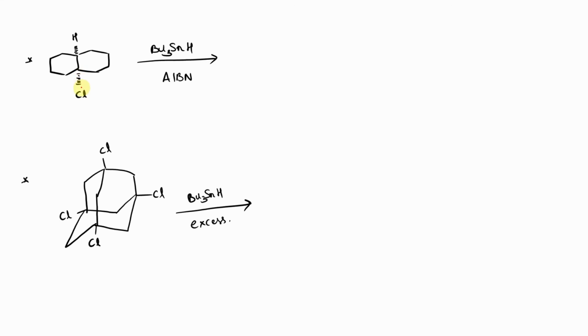Next, if you observe certain examples of this reaction, if you have stereochemistry in the alkyl halide, what happens is that once the reaction is done, there will be retention of the configuration. The stereochemistry of the compound will be retained without any changes. That is because this process involves a two-step addition. First, the alkyl halide reacts to form a free radical.